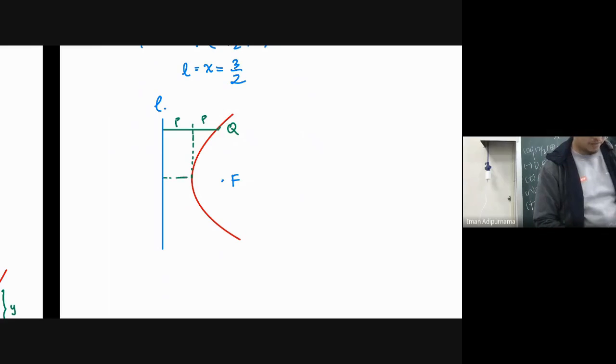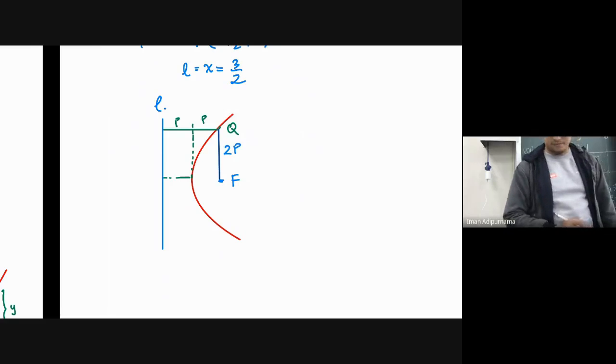Because I make this P, this P. So this F and Q. Well, let me draw F here. So this becomes 2P.